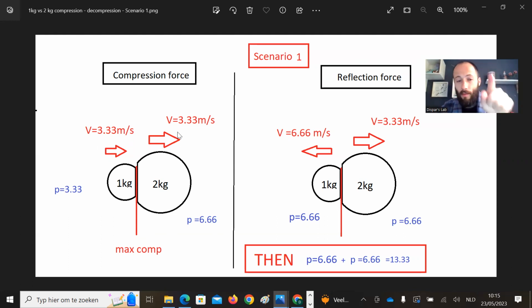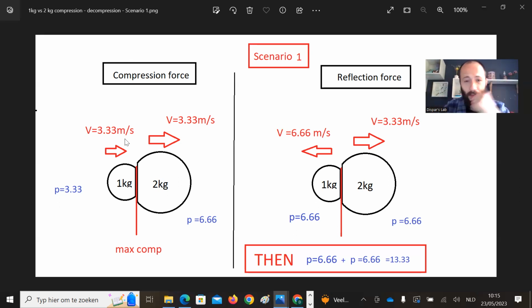The 2 kilogram over here was also already going at 3.33, and now it is being pushed with an additional 3.33. So you have to add them up. You have to add the compression force with the reflection force, or the velocities.